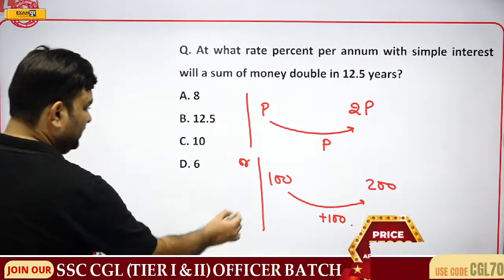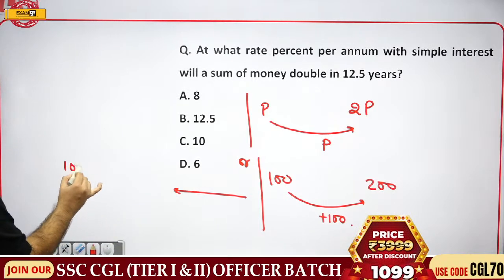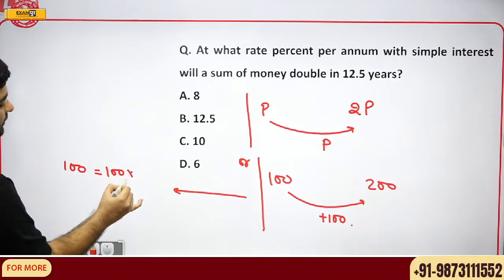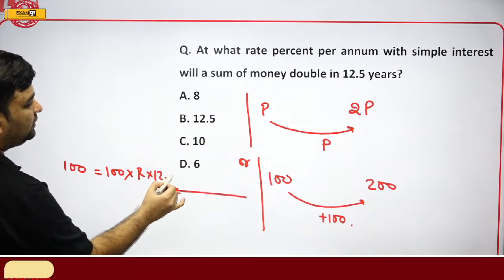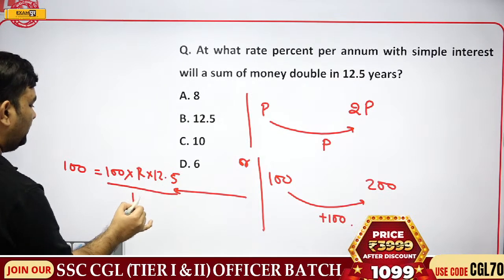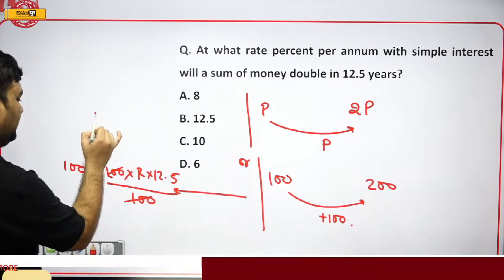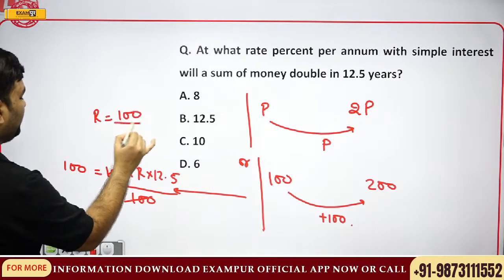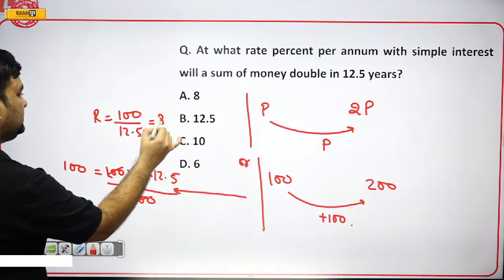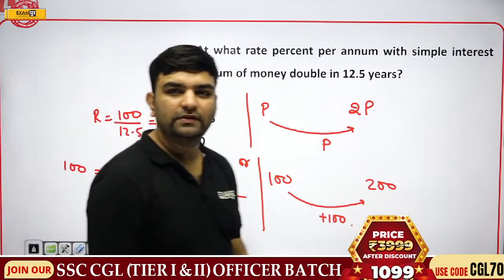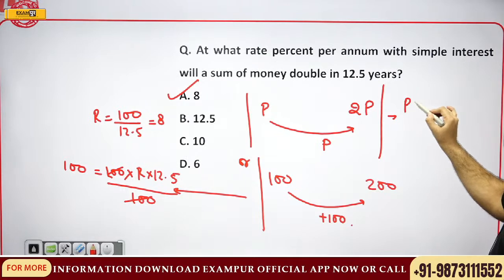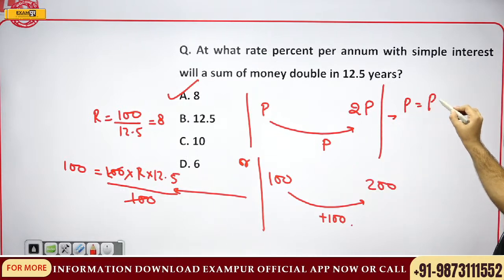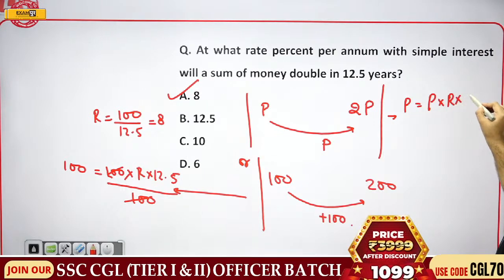Do it from anywhere. If you do it from here, interest of 100 over the principal of 100, rate is being asked, time is 12.5 upon 100. Rate is 100 upon 12.5, which is 8. If you do it from P, interest P over principal P, rate not known, time 12.5 over 100.